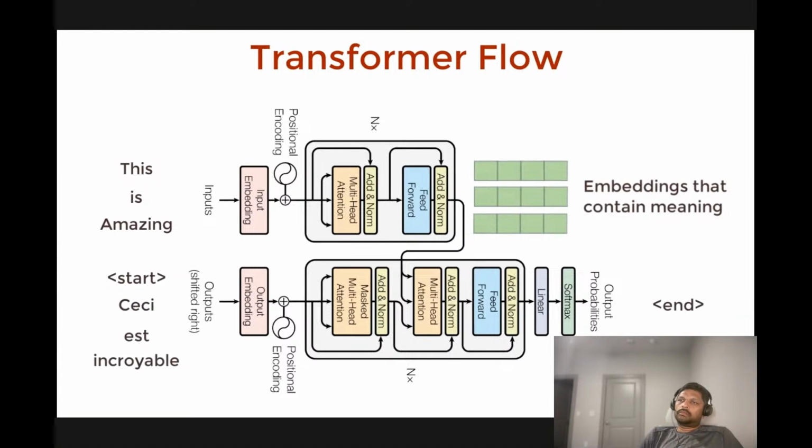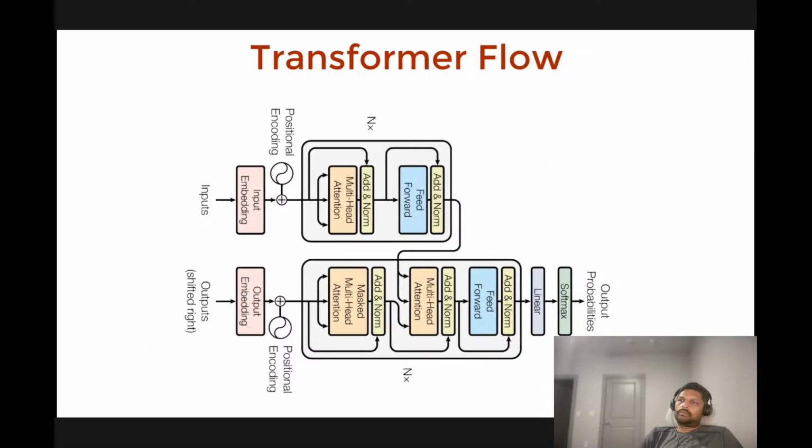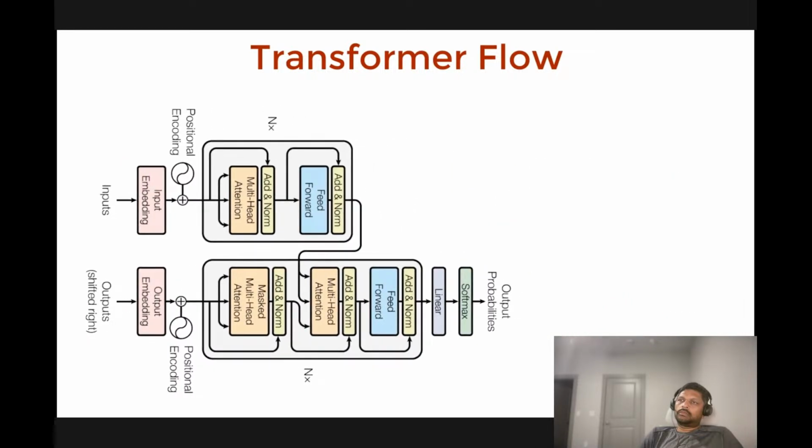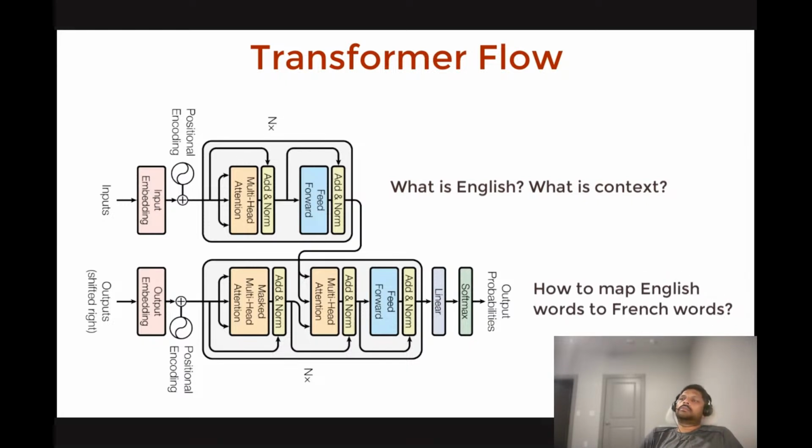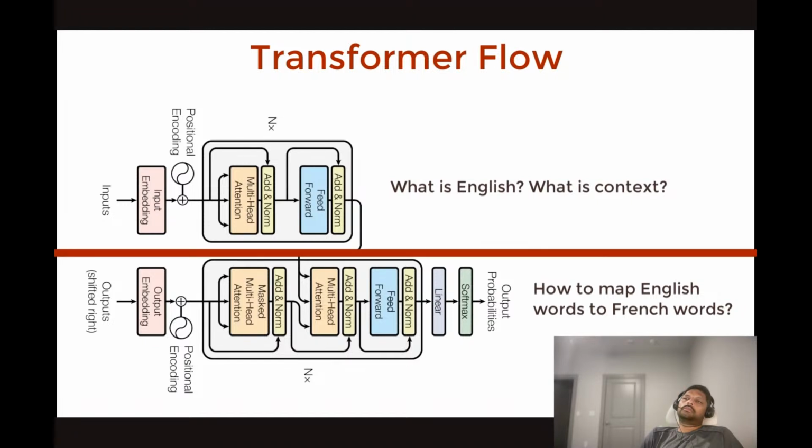What makes this conceptually so much more appealing than some LSTM cell is that we can physically see a separation in tasks. The encoder learns what is English, what is grammar, and more importantly, what is context. The decoder learns how English words relate to French words. Both of these, even separately, have some underlying understanding of language.